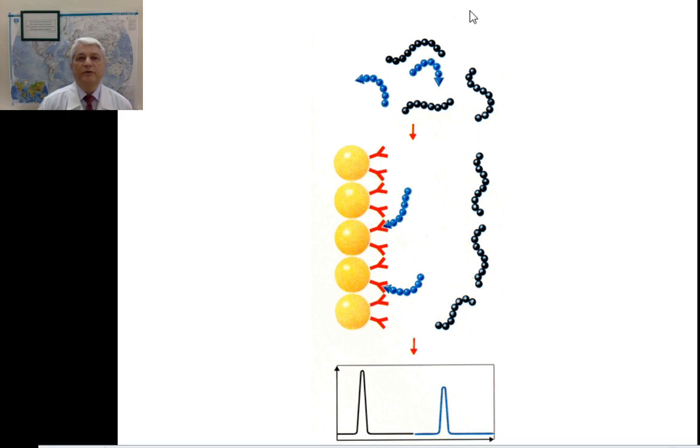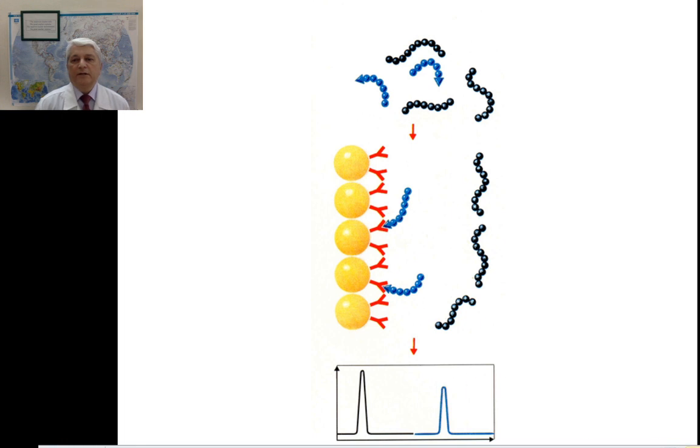For example, we have a mixture of blue and black molecules, then we pour this mixture into the test tube with monoclonal antibodies. Blue molecules will fix and black will not. And finally we can separate them and receive two peaks. One is black, one is blue.